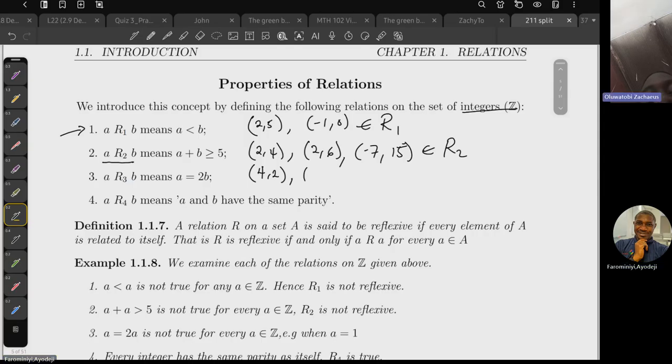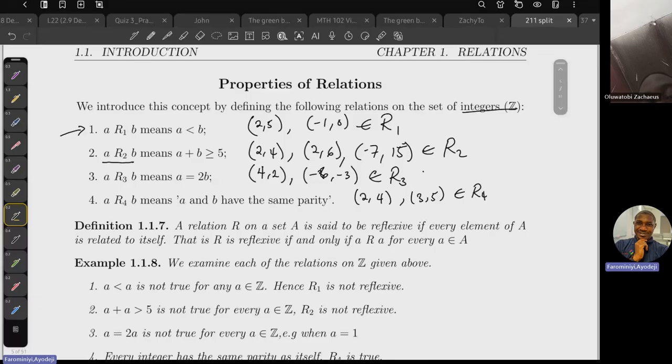Yes, -6 and -3. This is in R3. Good. What about R4? That's 2 and 4. Can have 3 and 5. Good.